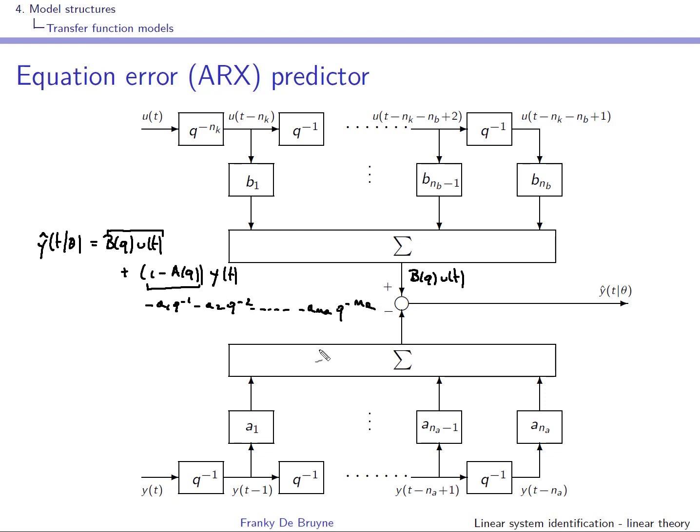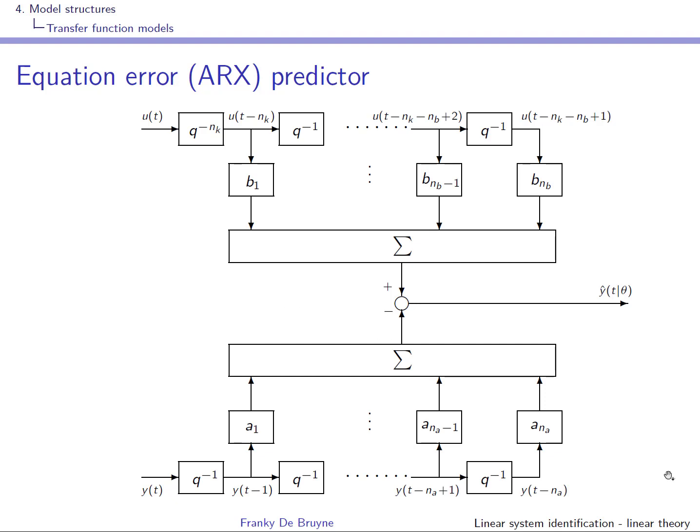So this part over here, you'll find it here. So this is rather this part over here acting on y of t. Okay, so this part you find over here. So this is how you can visualize the ARX predictor.